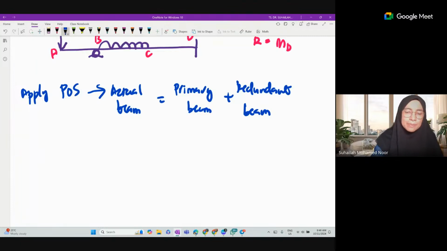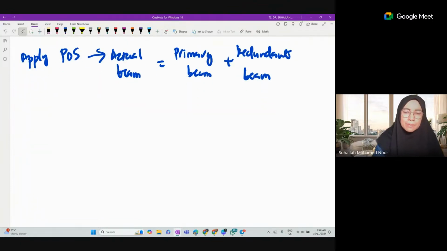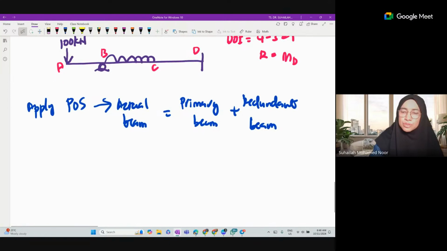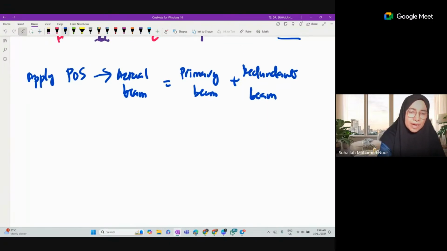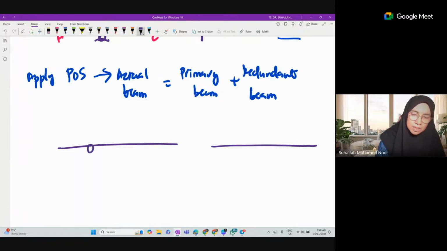The primary beam and redundant beam are both simply supported beams. If we choose MD as the redundant, what we have now is two simply supported beams. Here is roller, here is pin, the same in both diagrams. The difference is only due to loading.